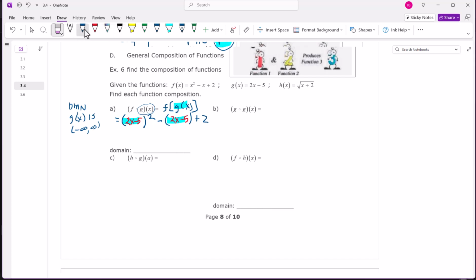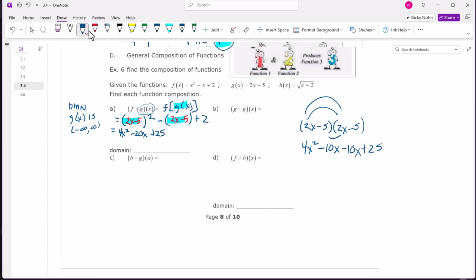A couple of things I'm going to do over here at the side: 2x minus 5 squared. You want to write that out twice and FOIL. If you do that, you're going to have 4x squared minus 10x minus 10x plus 25. So this gives 4x squared minus 20x plus 25.